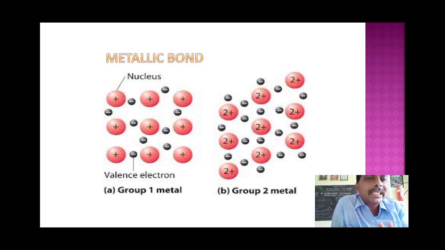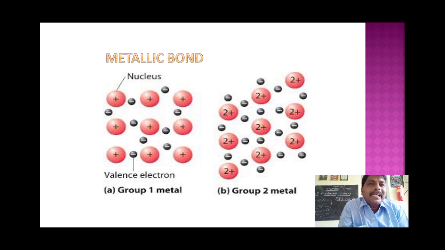So in the first picture, group 1 metals lost that electron and only the positive nucleus is there. In the second case, magnesium, calcium, strontium, barium, radium, these are group 2 metals. They contain two valence electrons. After losing the two valence electrons, a nucleus with +2 charge is there.